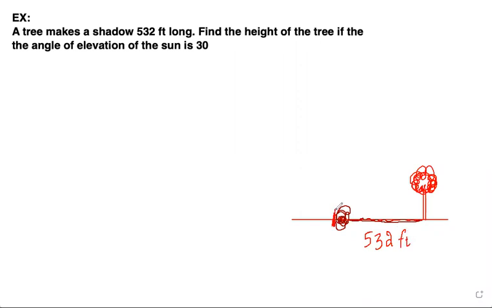until here. Okay, and the shadow is made by the sun, by the sun ray. So I have a sun here. It has a ray like this and makes it like that.